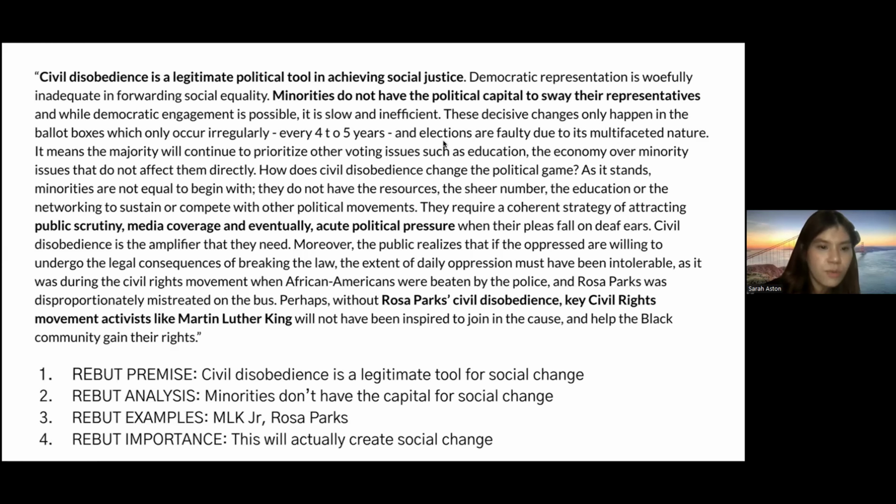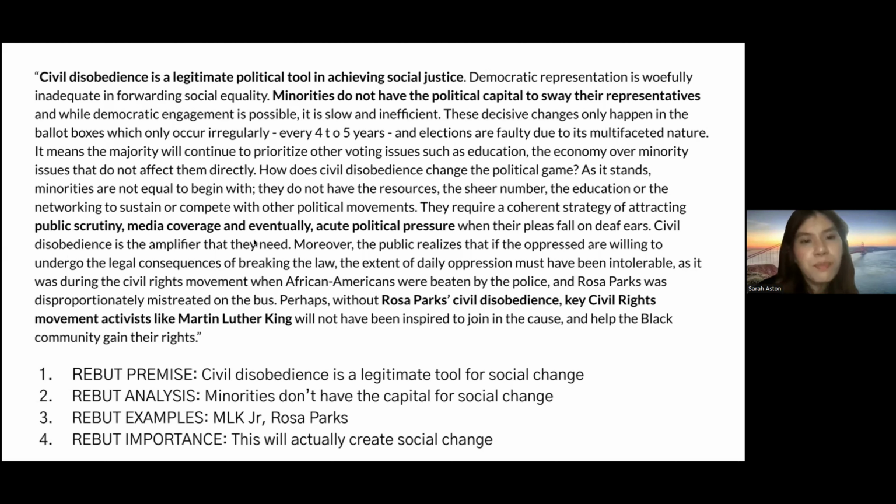Okay. So I'm going to give you guys some time to read this. Okay, let's just look at what's bold here. Civil disobedience is a legitimate political tool in achieving social justice. Minorities do not have the political capital to sway their representatives.